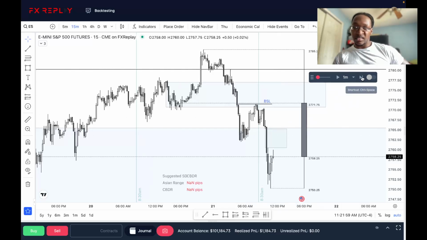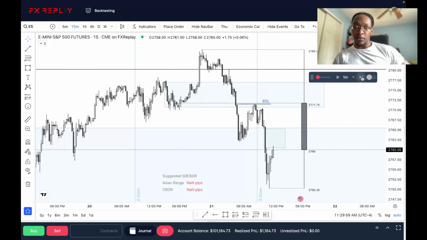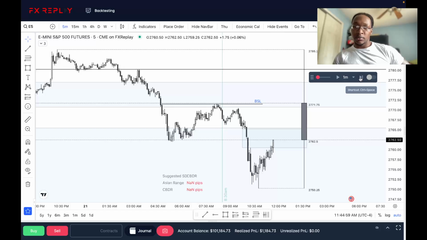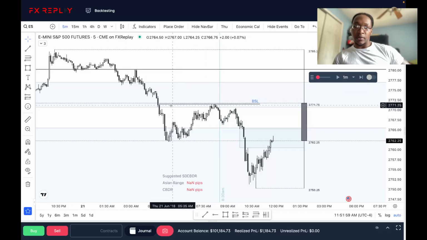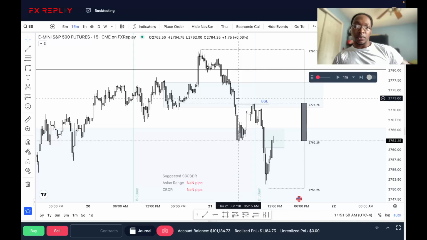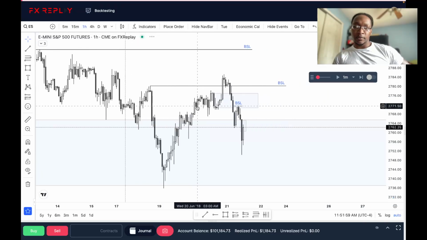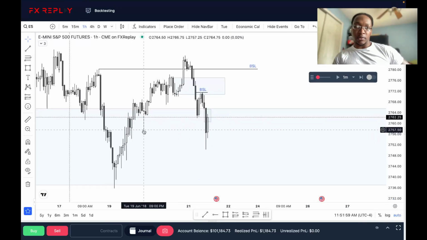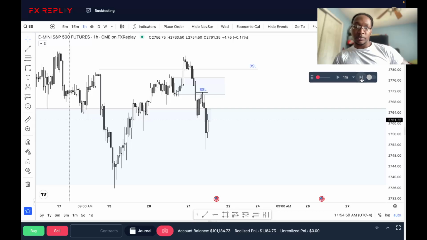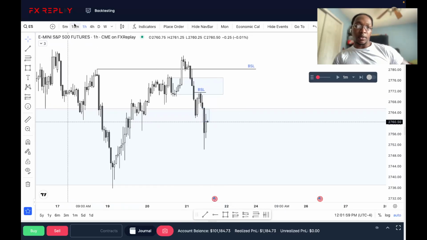Time 11:15. Creeping out of New York. This fair value gap could be a decent entry, but we do have relative equal highs above us, so not too sure about that one, especially running out this low and this swing low here, failing to close below it, pushing back up into this order block, tapping that order block.